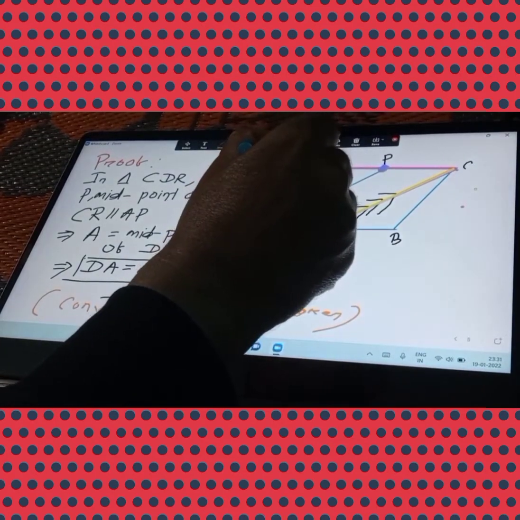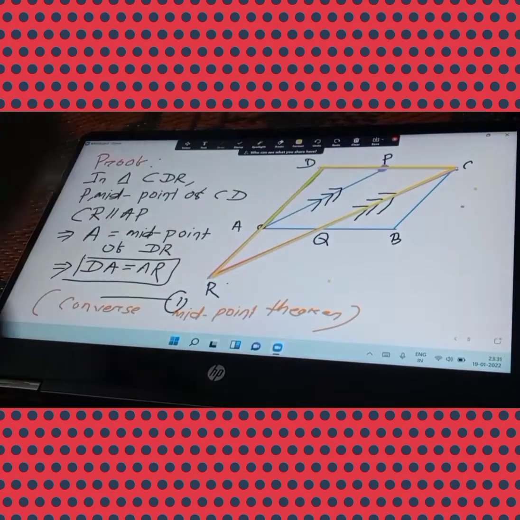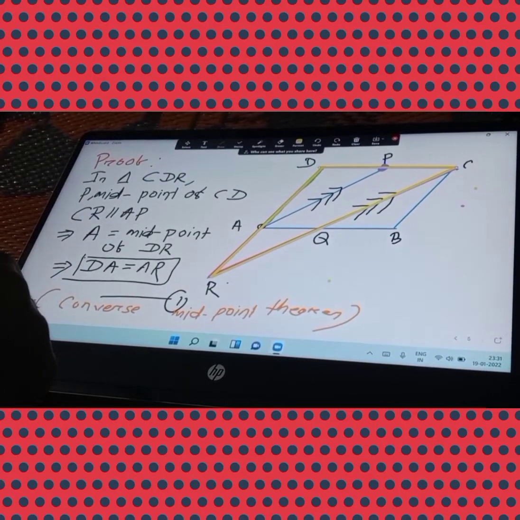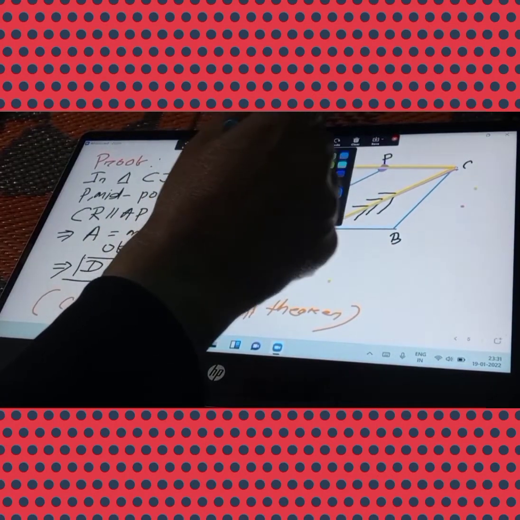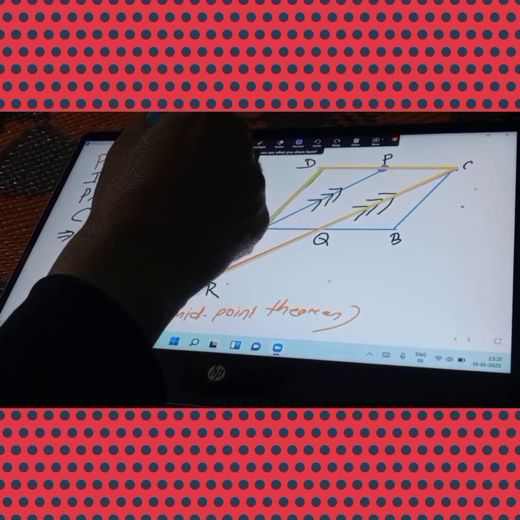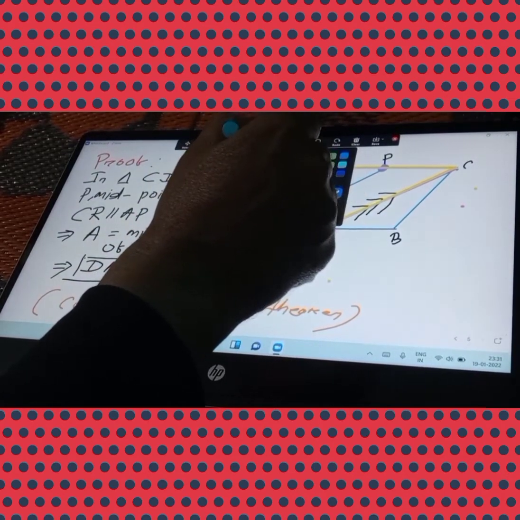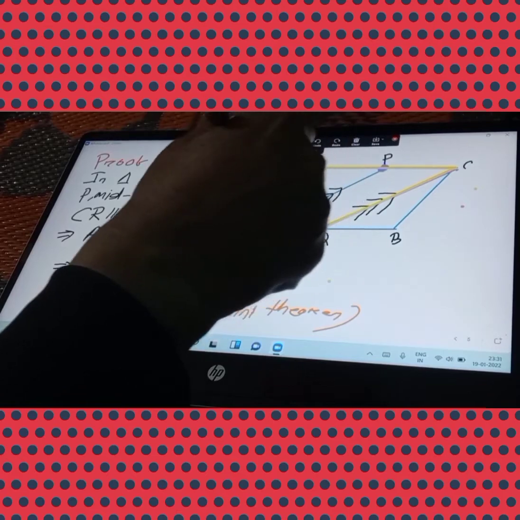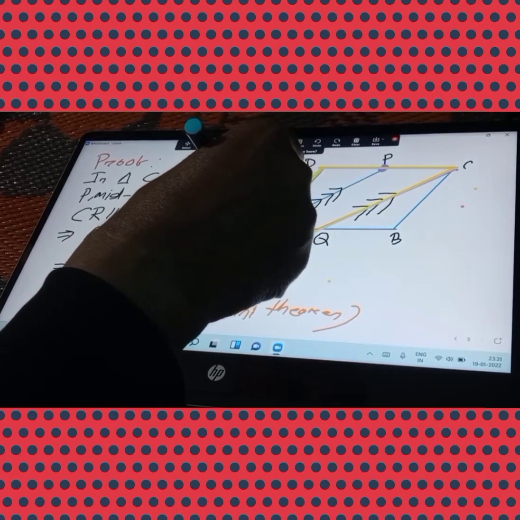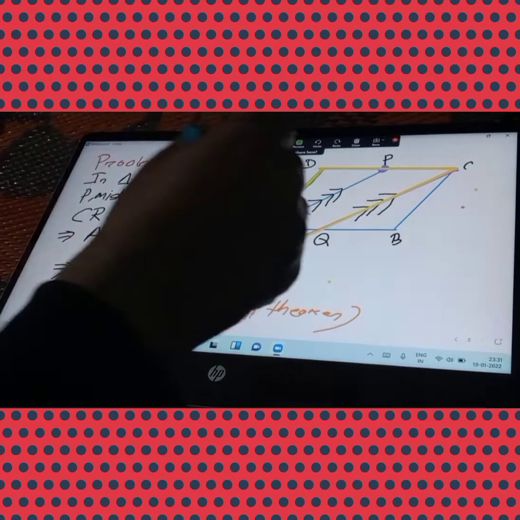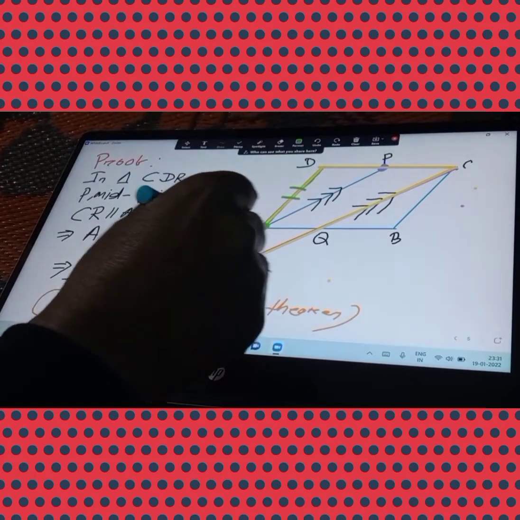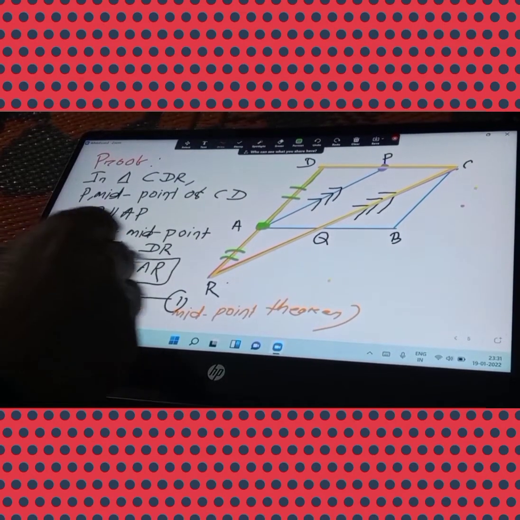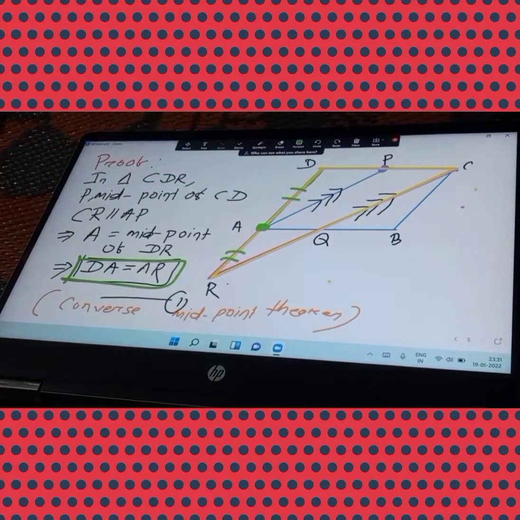In yellow color lining in the triangle CDR, are you looking? And we already proved, what do you prove here? You prove here that A is the midpoint of the side DR, because DA is equal to AR, we already proved. This part is already proved.